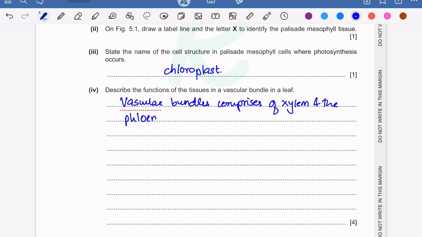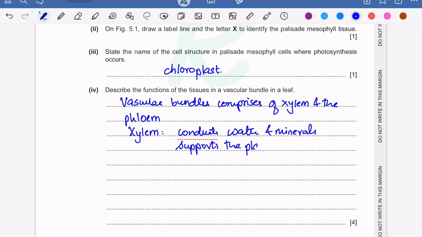So let us write about the xylem and the phloem. First of all, the xylem conducts water and minerals. Secondly, it supports the plant and is unidirectional.